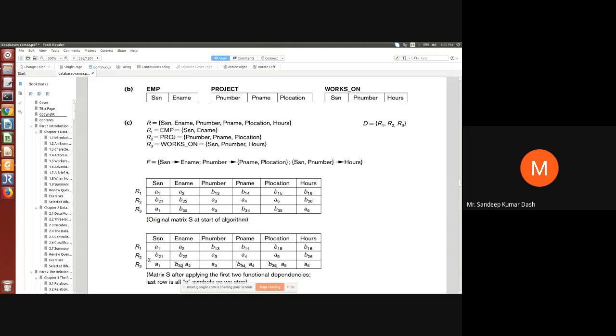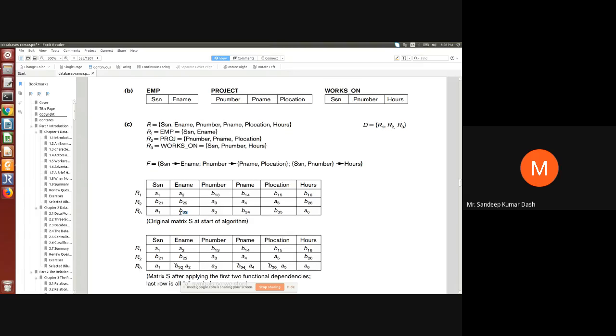Okay, now come to the third row. It has A1, A3, A6. Can I convert this B into A? Yes, because it has A1 here. SSN determines ename, so this A1 can be referred to this A2.